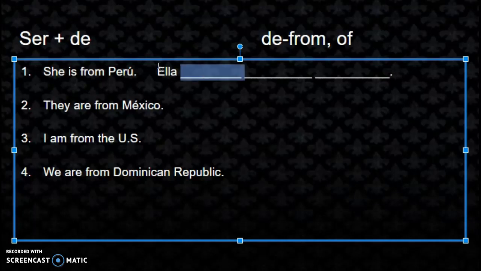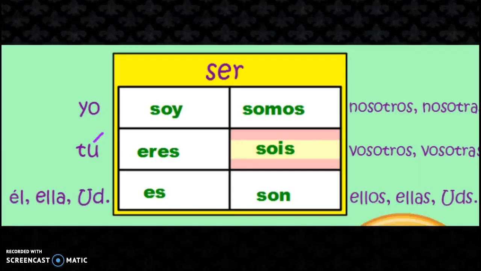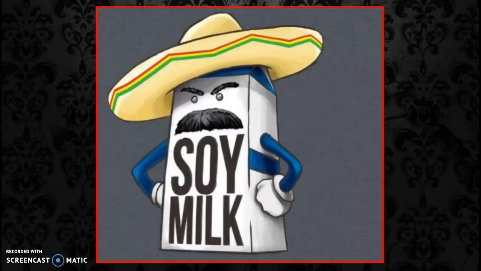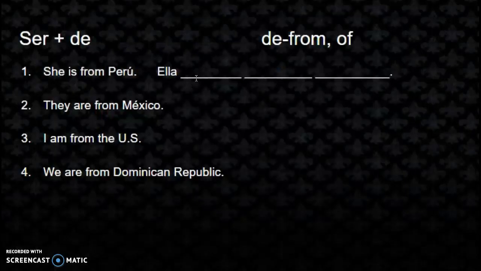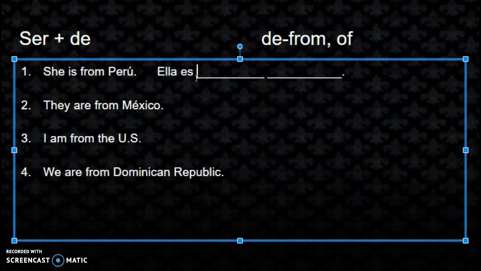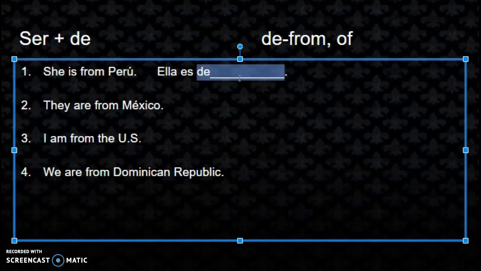Is, in the ella box, think back to our chart, how do you say is? Ella box is es, so I can go back to my práctica, ella, es. How do I say from? That is the word de. Y, el nombre del país, Peru.